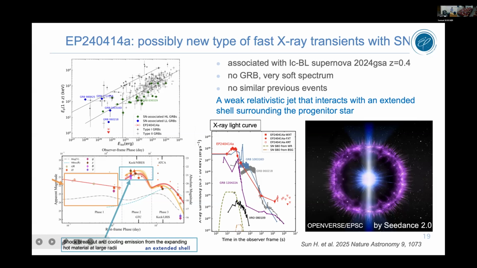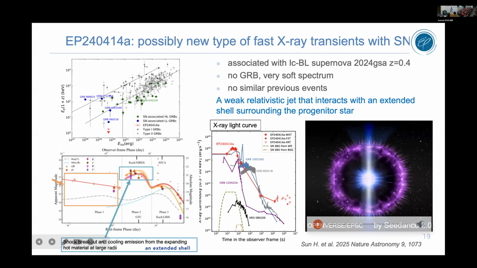This is the supernova breakout curve. This is the new event. But the X-ray spectrum is very soft, so very distinct. It's different from the low luminosity GRB. So together we propose it is a weak relativistic jet that interacts with an extended shell surrounding the progenitor star.